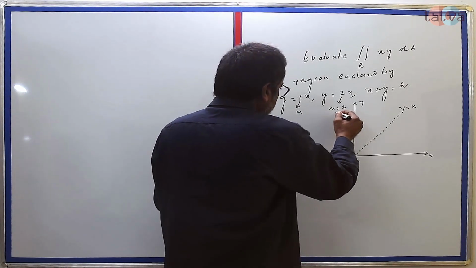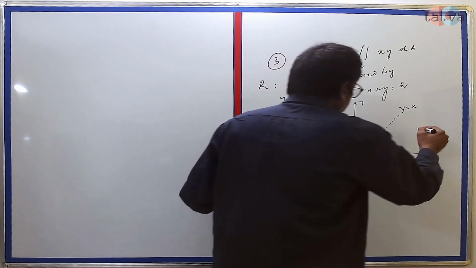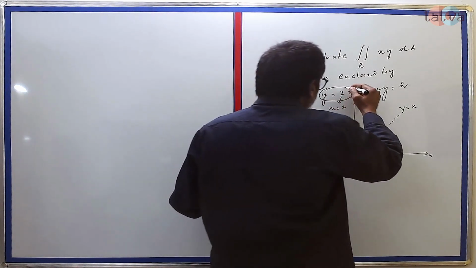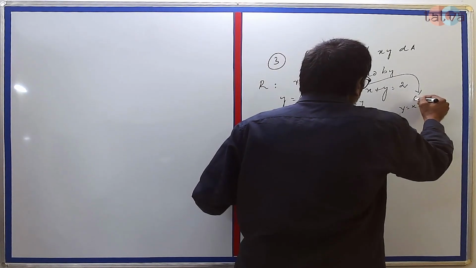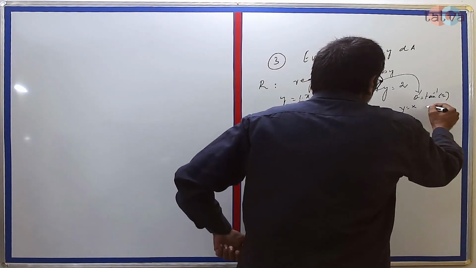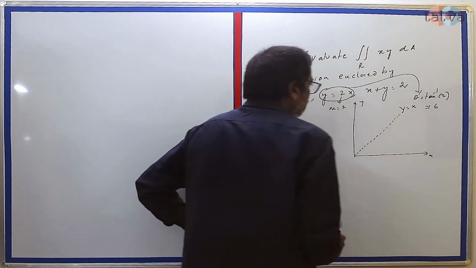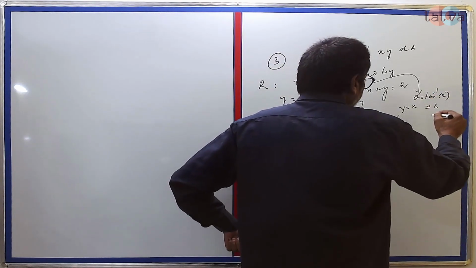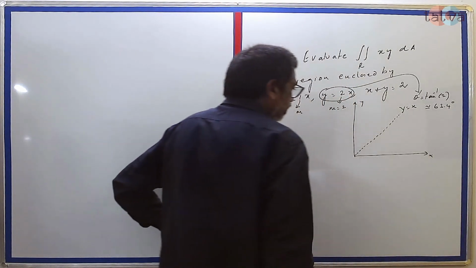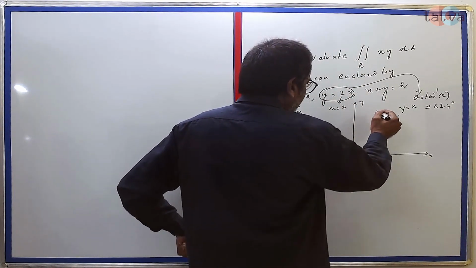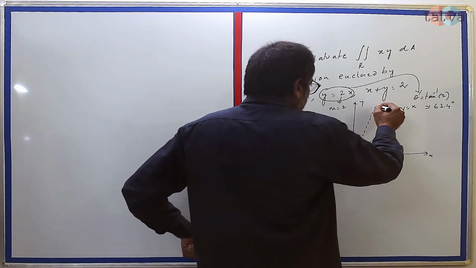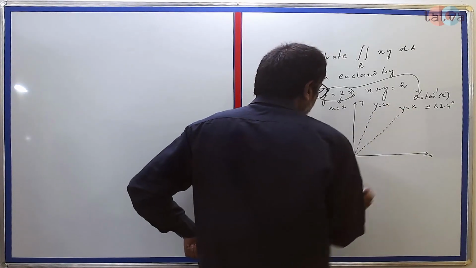And if you actually estimate, you will find this particular line inclined to the x-axis at an angle theta is equal to tan inverse 2, which you can estimate to be approximately 63.4 degrees. So that's tilted more towards the y-axis. So let me show that like this. So this is the y is equal to 2x line.